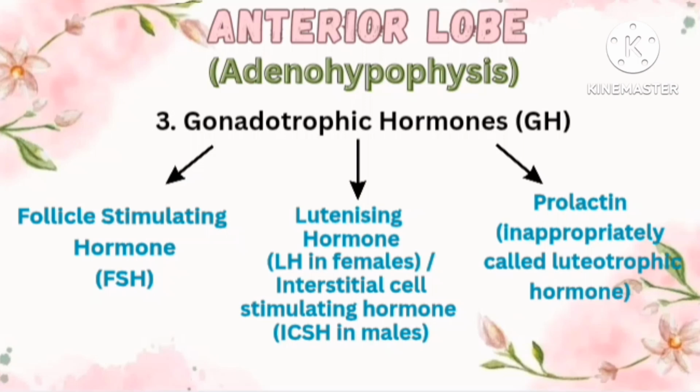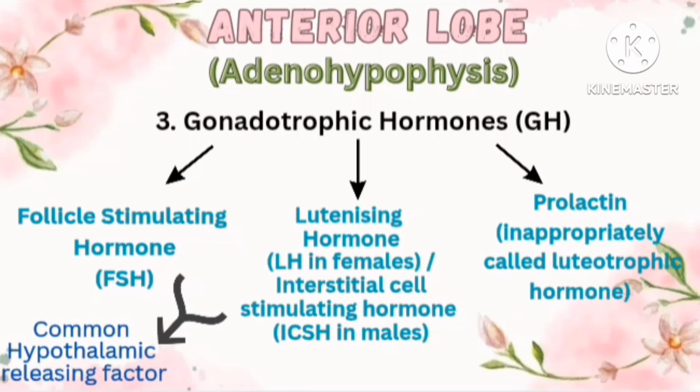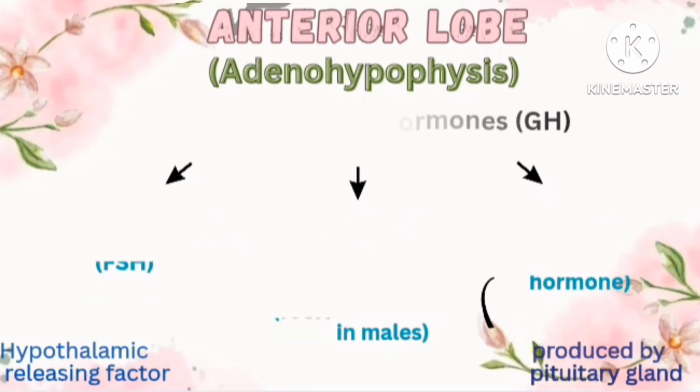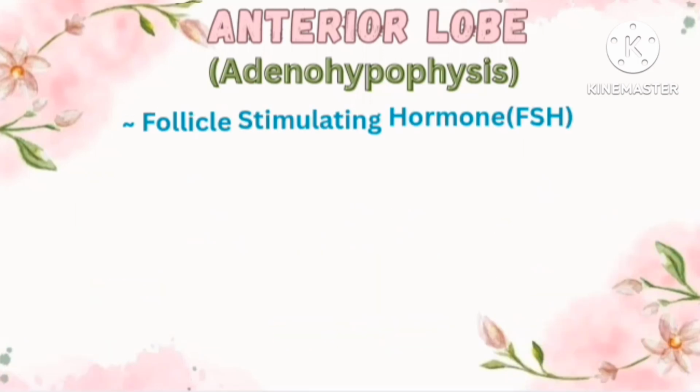It is inappropriately called as the luteotrophic hormone, because it performs the same function as luteinizing hormone in rodents. It is worth noting that follicle-stimulating hormone and luteinizing as well as interstitial cell-stimulating hormone share a common hypothalamic releasing factor, whereas prolactin is continuously produced from the pituitary gland. Let's discuss them one by one.